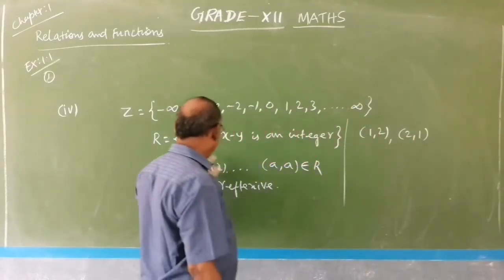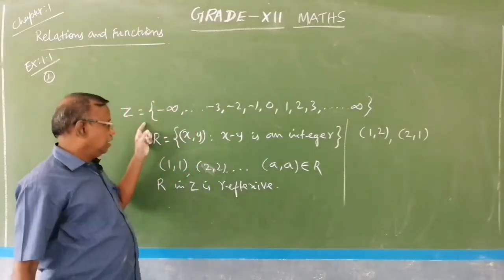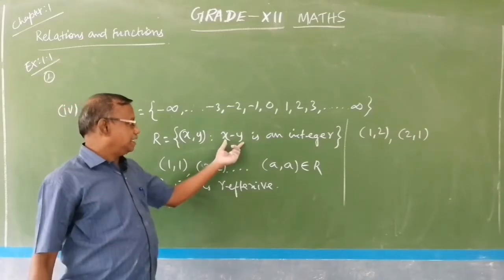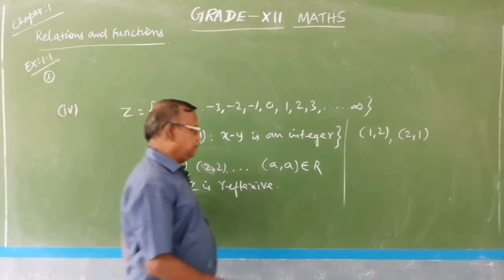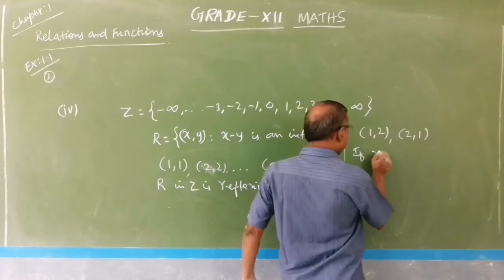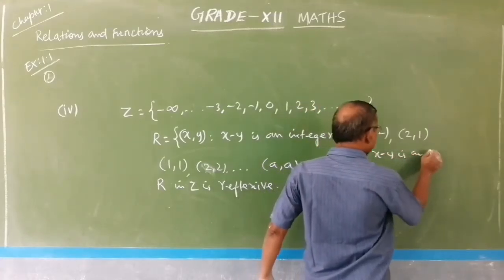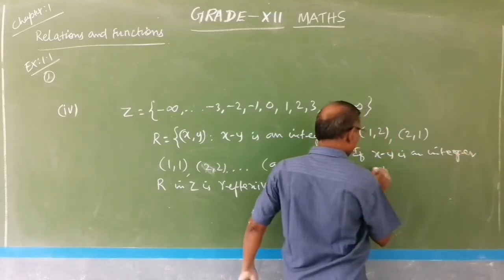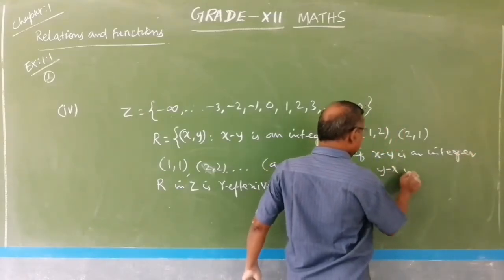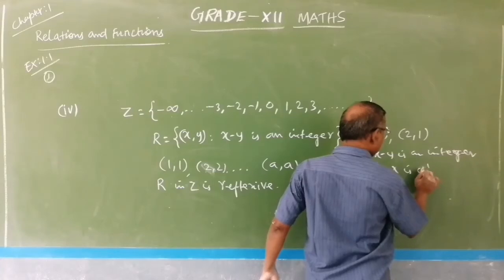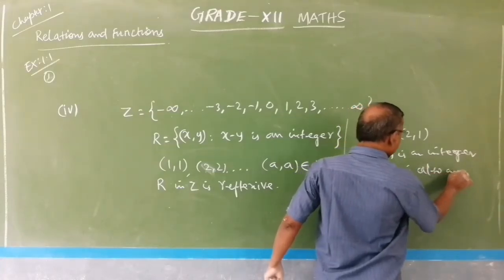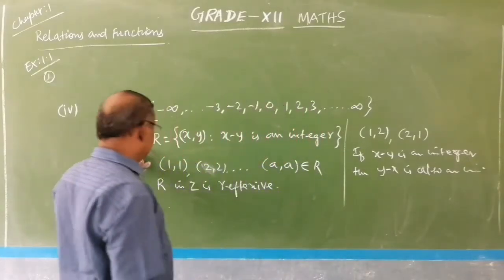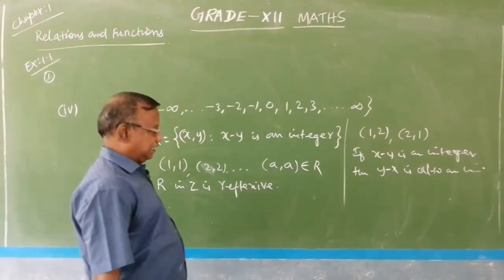So for every x belonging to Z and y belonging to Z, if x minus y is an integer, then y minus x is also an integer. Therefore, the relation R in set Z is symmetric.